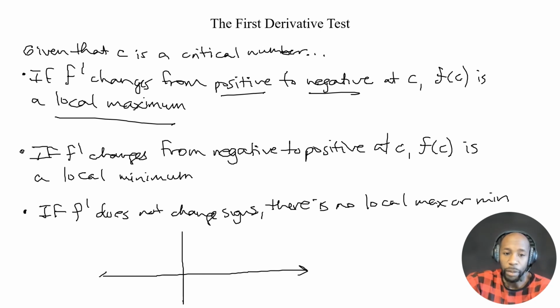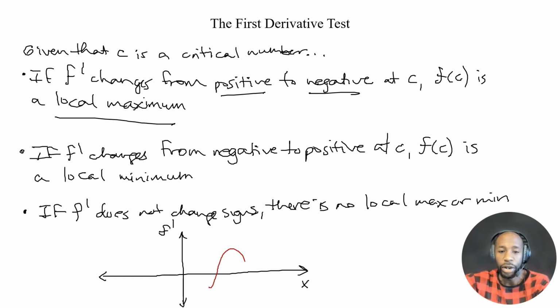Just imagine this is the x-axis, this is the y-axis, but specifically the derivative of the original function. Say you have a derivative that looks kind of like this here. Keep in mind, this is not the original function f, this is f prime, the derivative. If the derivative changes from positive to negative, that's specifically a point like this right here.